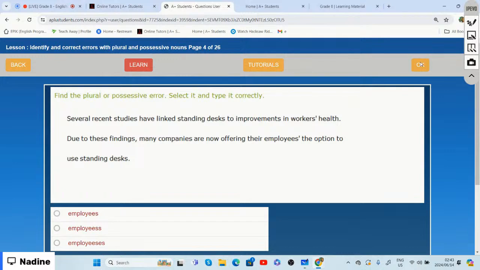So they're offering all employees, which means that we need to remove that apostrophe, because employees refers to more than one employee.